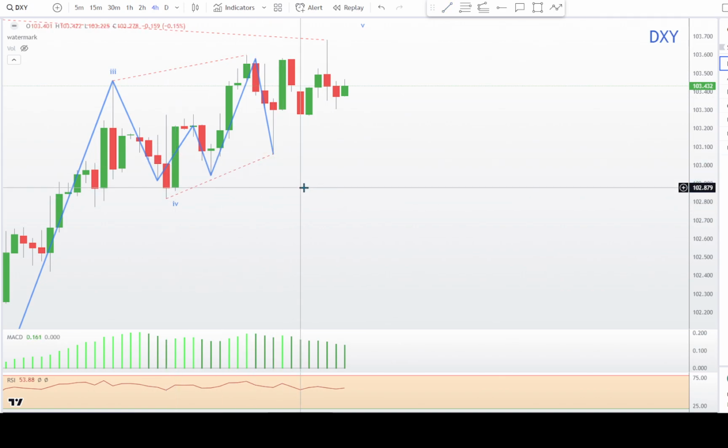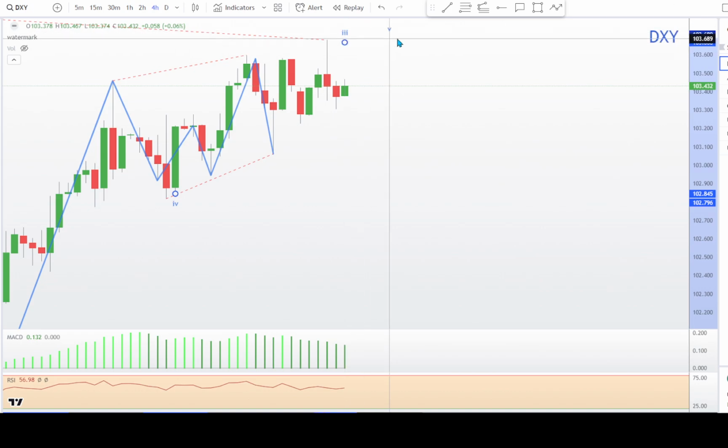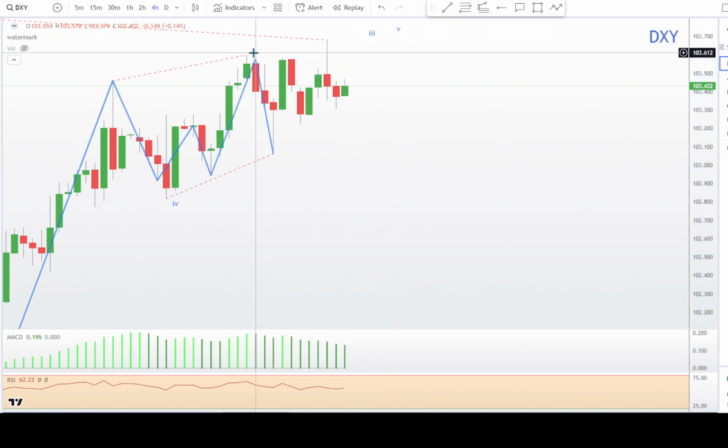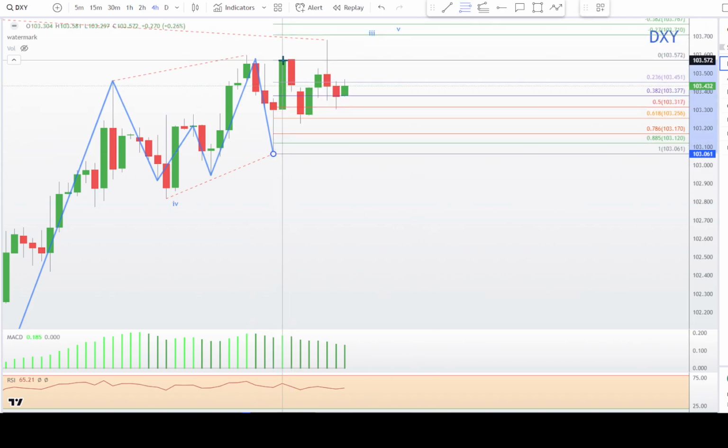And so this third wave, I don't even think the third wave is done yet, because we've only come up in three waves so far. Let me get rid of this.